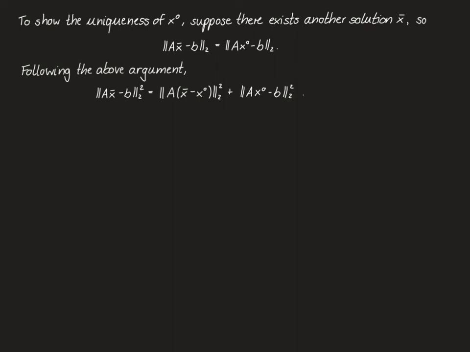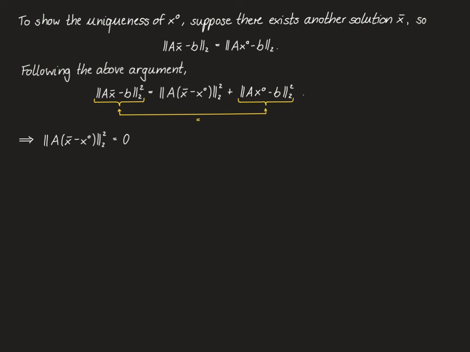Following the argument above, we have the following equation, namely the norm of A x bar minus b squared equals the norm of A times (x bar minus x naught) squared plus the norm of A x naught minus b squared. Now, since these two terms are equal by the optimality assumption, we must have that this term here equals 0.